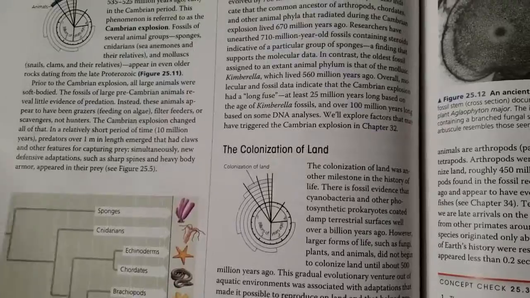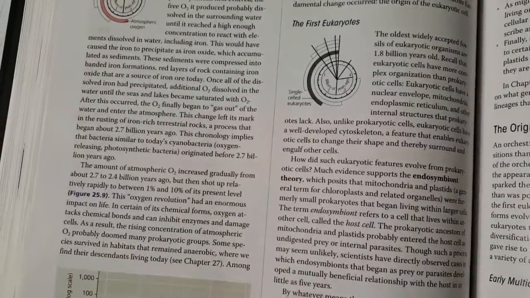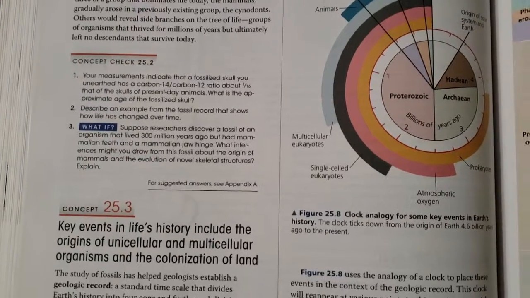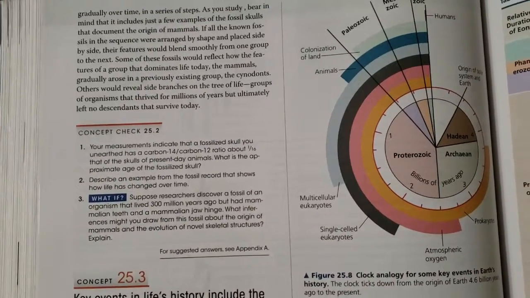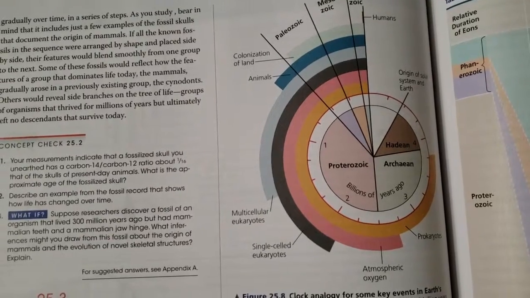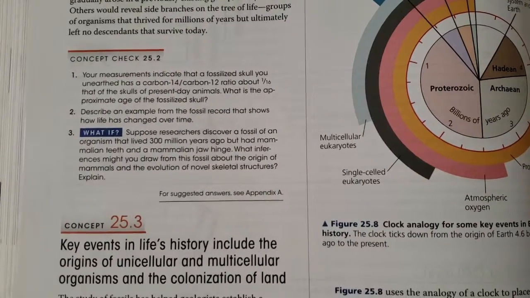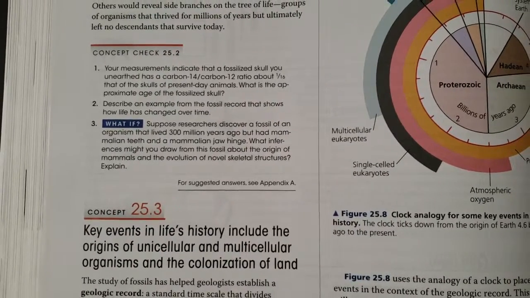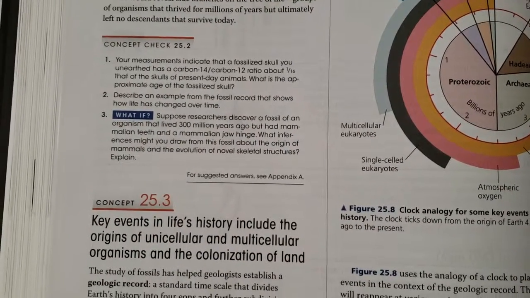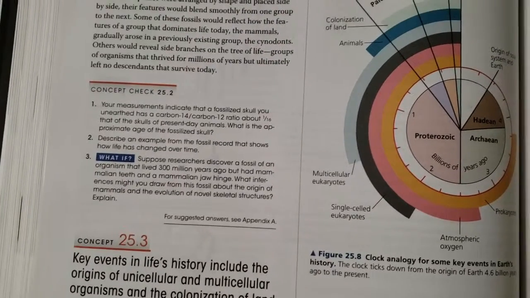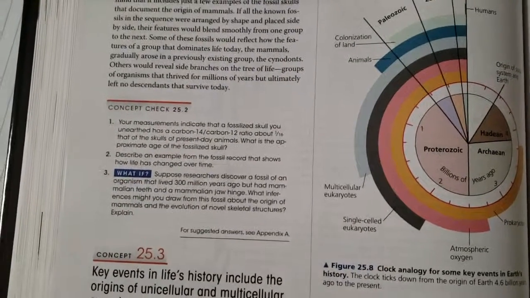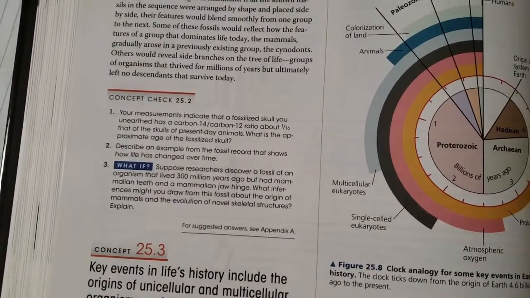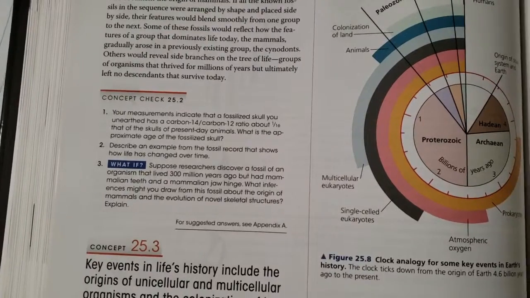Let's see here. Where's the question? Focusing on the half-life, we have one half-life, another half-life, which would reduce it down to a quarter, then an eighth, and then a 16th.